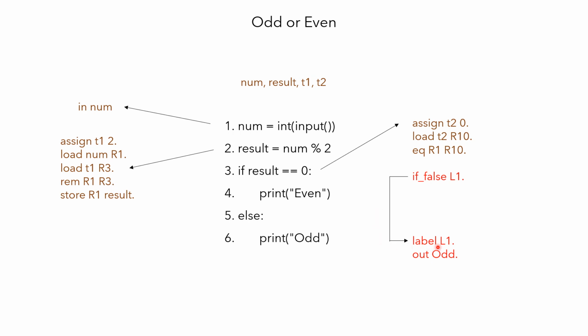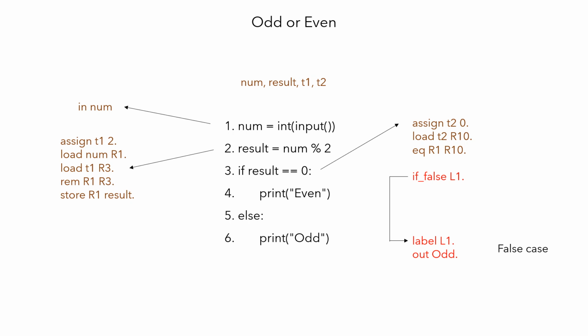Instead, go to some other point. That point is labeled by L1. So basically, this is the false case. So you are being redirected to the false case, so that you don't continue to execute the statements which are part of the true case. So this part is done, and this jump is made if it is false.